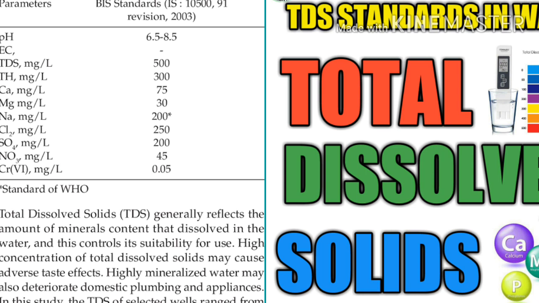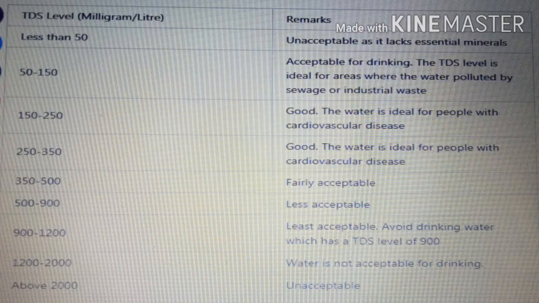Next we'll discuss how these solids end up dissolved in water. These minerals can originate from a number of sources, both natural and a result of human activities. Mineral springs contain water with a high level of dissolved solids because the water has flowed through a region where the rocks have high salt content.